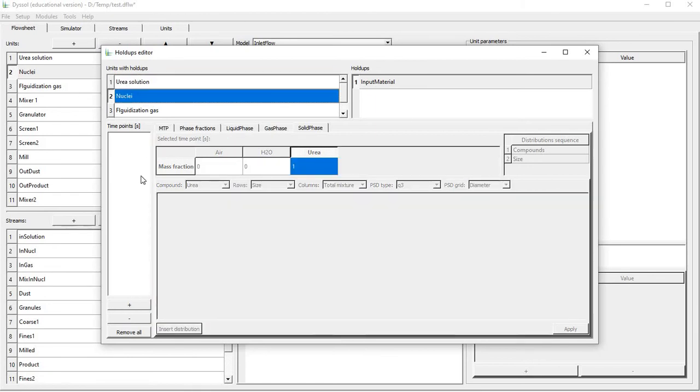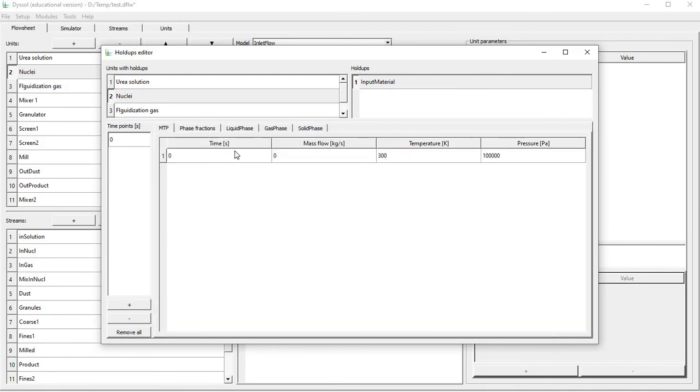Now, next step, we define nuclei. The same procedure. So we add one additional time point, we define the mass flow. In this case, this will be 0.05 kilogram per second. Phase fraction, it will consist only of a solid phase.